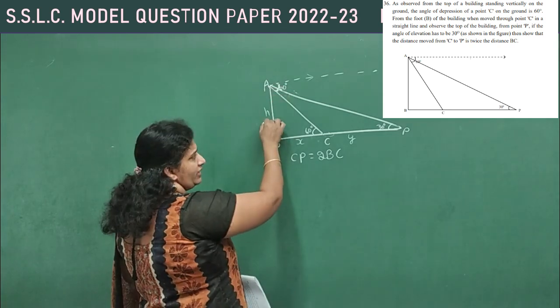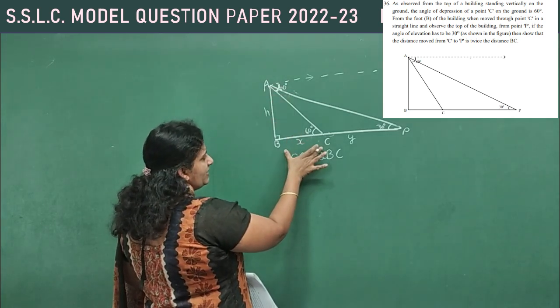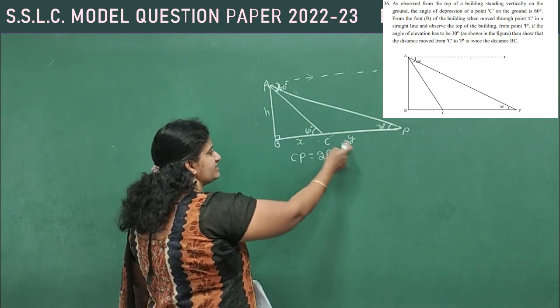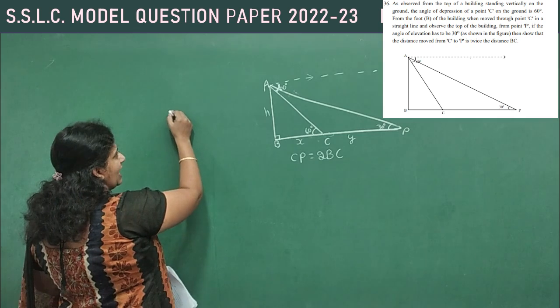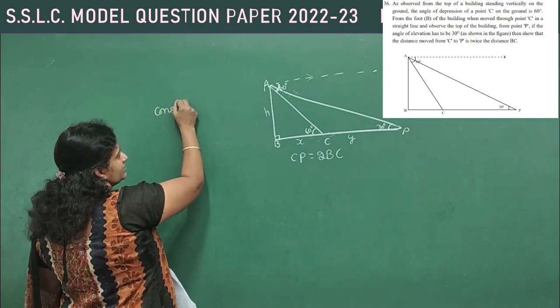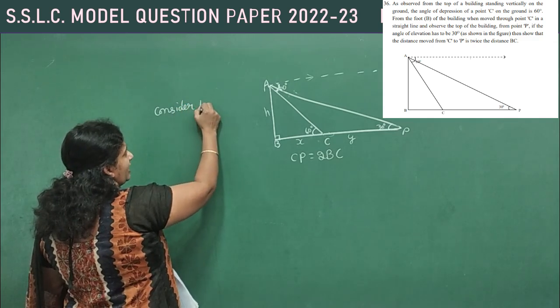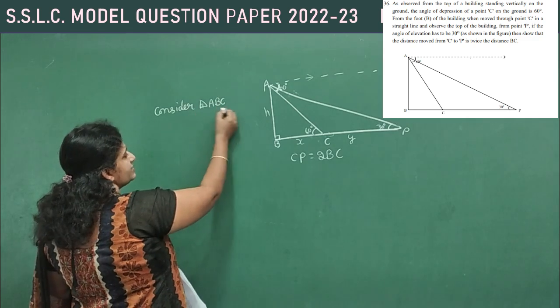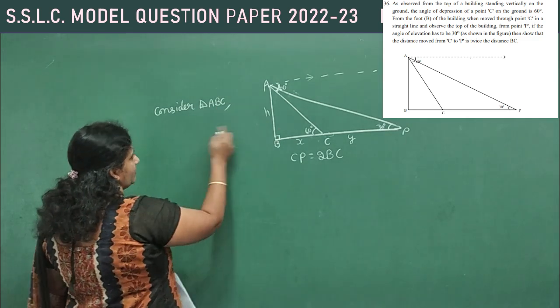Now let us assume the height of the building as h, BC as x, CP as y. So to prove y is equal to 2x. Let us start proving this problem by first considering the right triangle ABC.